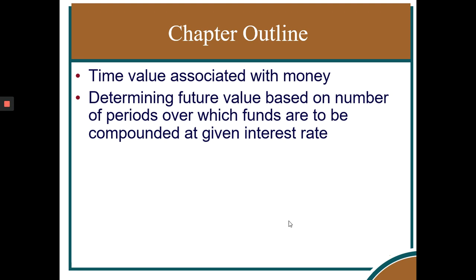It is based on the number of periods, whether your interest is compounded yearly, semi-annually, or monthly. That's the number of periods, and of course the interest rate itself. You need these to find out the future value.